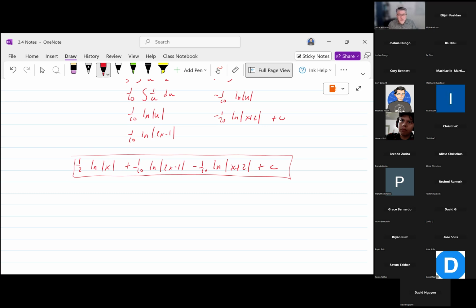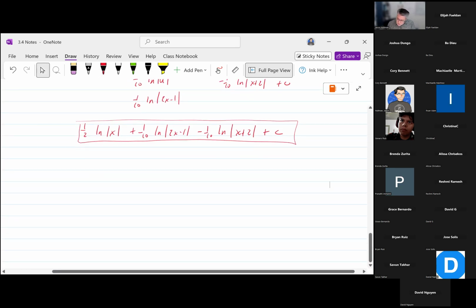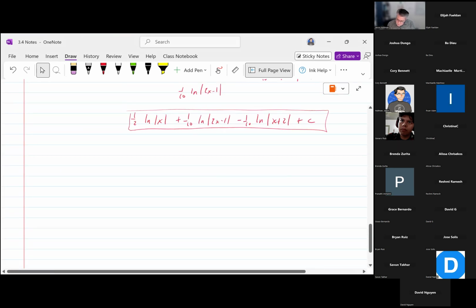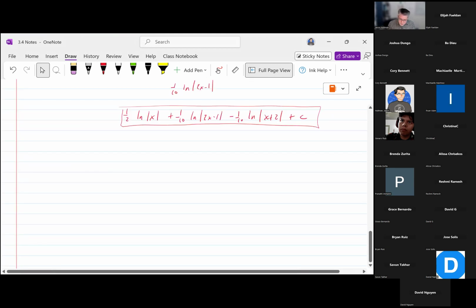If I say integrate this, well, you did integrate it, so there you go. Okay, so let's do one where we are given something a little bit more complicated, a little bit more spicy.